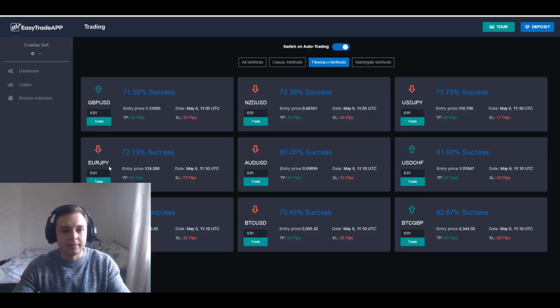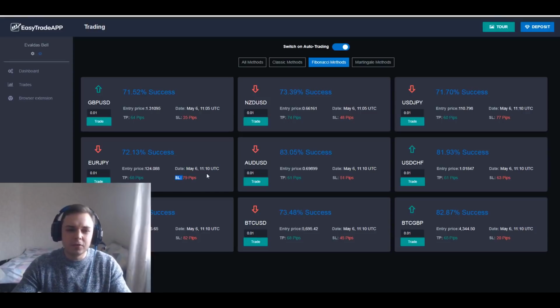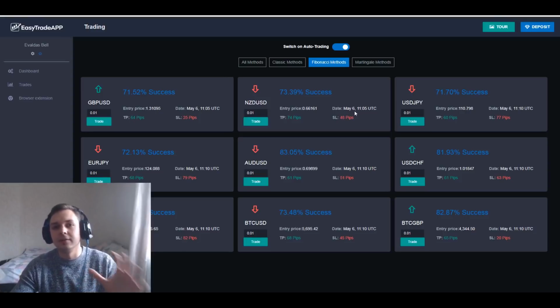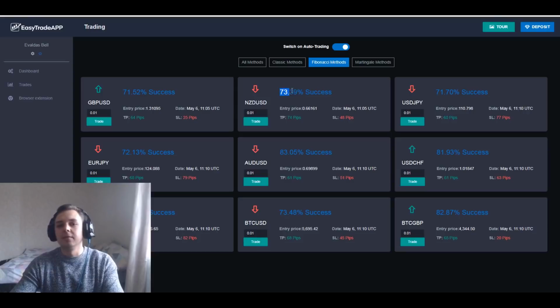Euro JPY, that's what I'm looking for ideally. 68 pips, 79 pips. Maybe too much SL, but NZD USD, that's what I'm looking for. 48 pips SL is a nice range. I usually go for 40 or 50, so 48 pips is very nice. NZD USD 74 pips and 73% success rate, so we'll go with that.